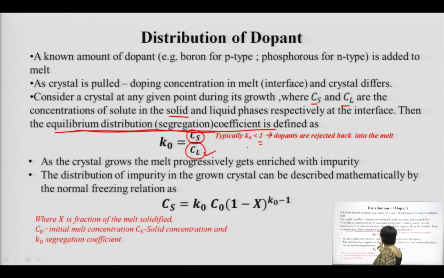As the crystal grows, I told you the molten silicon is enriched with impurities. In the beginning, when the process starts, you will have pure crystal.